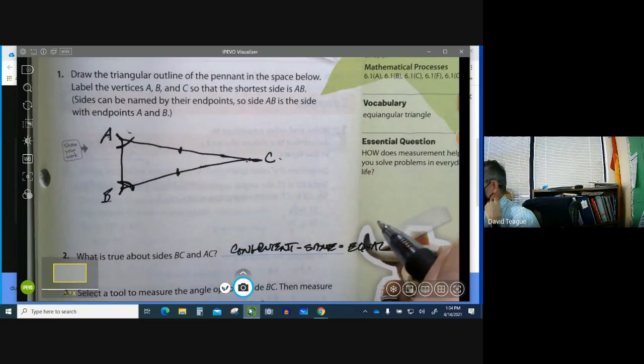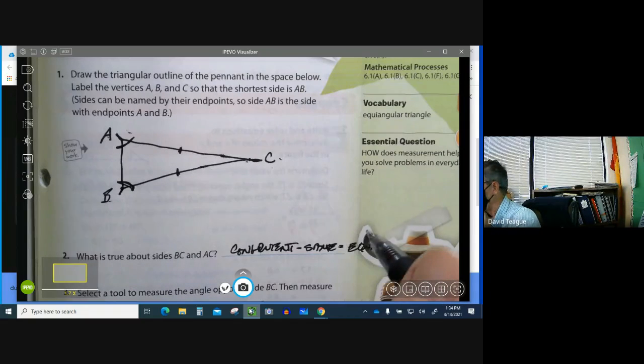Well, the way you do that is with a protractor, but your protractor would only be as good as your drawing is, okay?